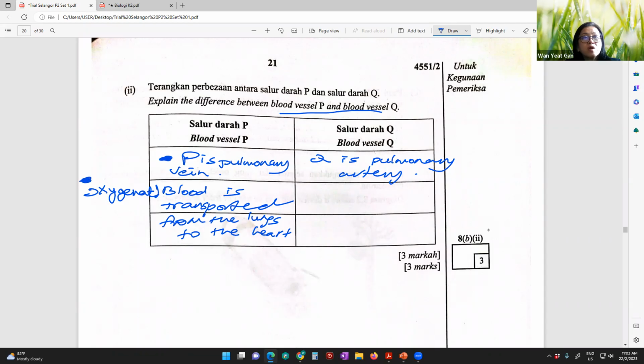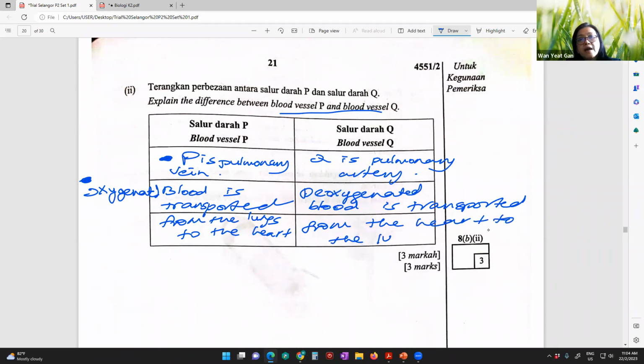Here, the oxygenated blood is transported from the heart to the lungs.